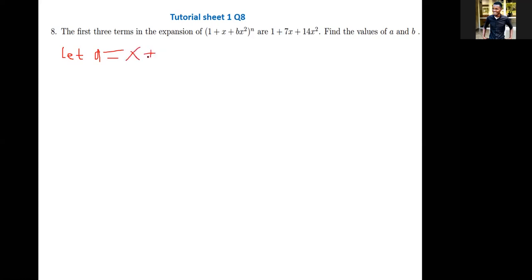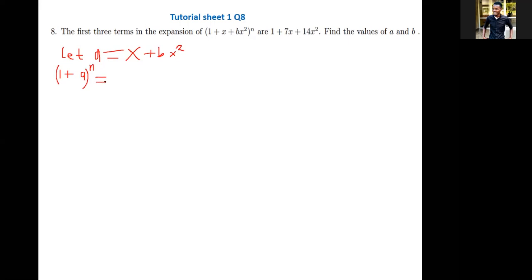This is x plus B x squared. After letting this be equal to that, meaning I'm going to put A on this part here, I'm going to have something like this: 1 plus, where there is x plus bx squared, I'm going to replace with A, and then close brackets like that, and then to the power n.